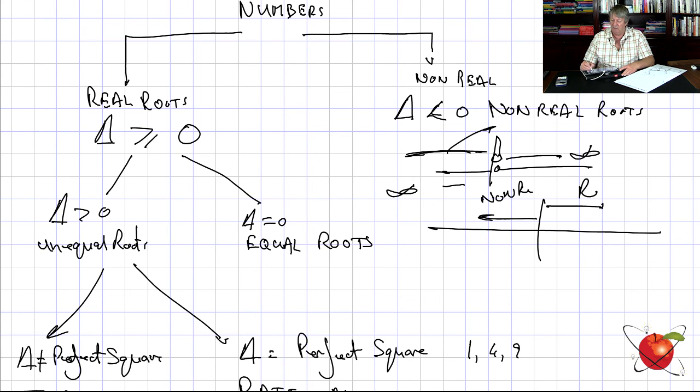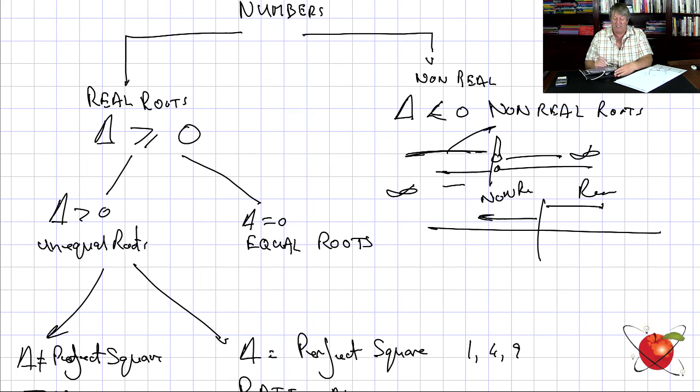These are real roots. I'm talking about the roots, not numbers. So if my discriminant delta comes to be a negative number, I don't have real roots. Why? Because I'm going to end up with the square root of a minus, which I can't have, unless you do complex numbers, which they do in AP.